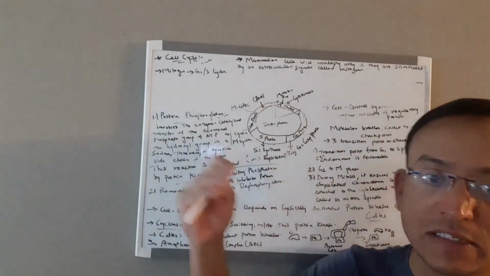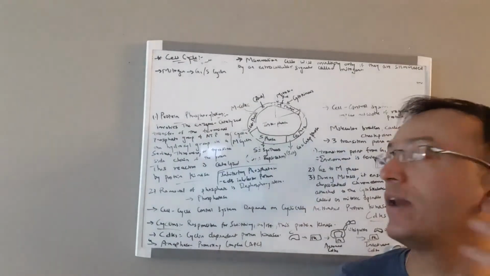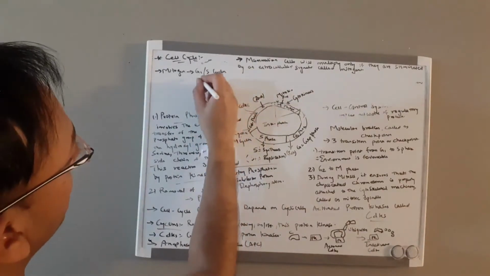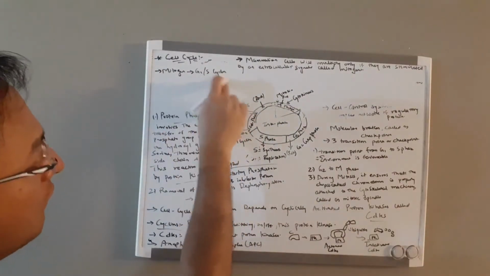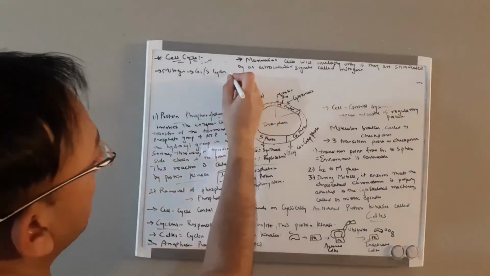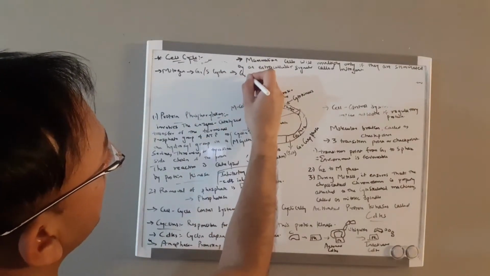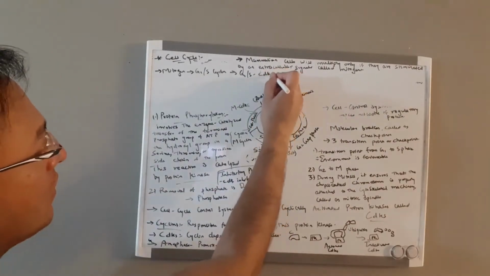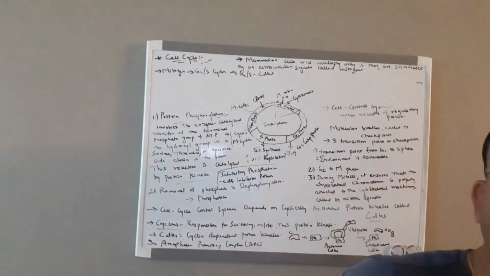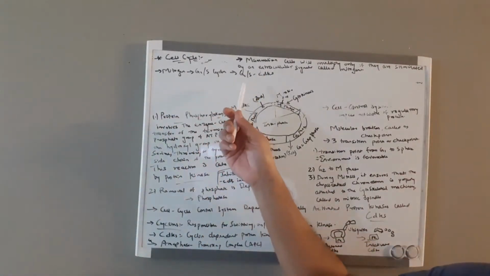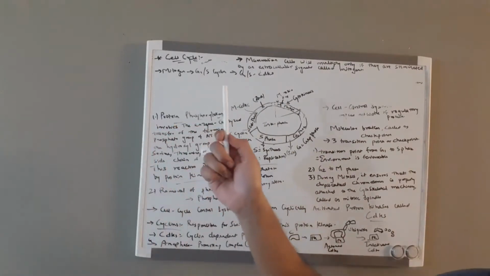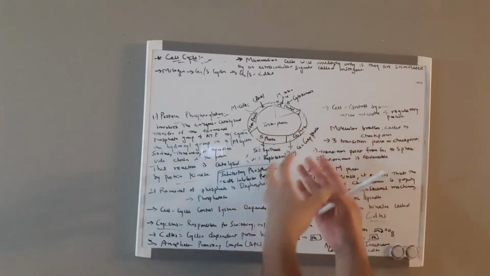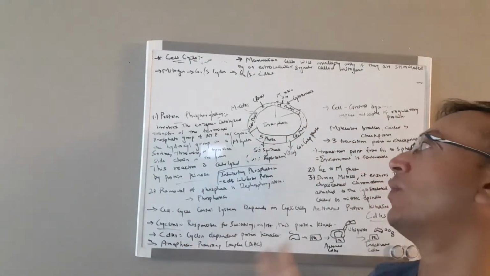The buildup of these cyclins triggers a wave of G1/S cyclin dependent kinase activity. So as mitogen keeps giving signal to this cyclin, it will build up and eventually activate the CDKs, the cyclin dependent protein kinases, which ultimately relieve the negative control that otherwise blocks progression from G1 to S phase.